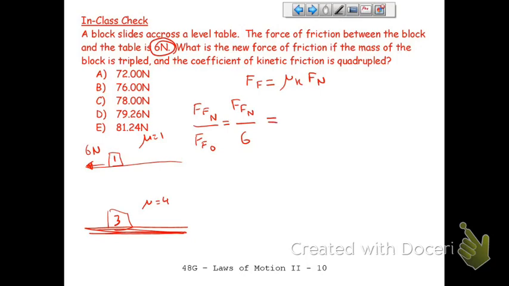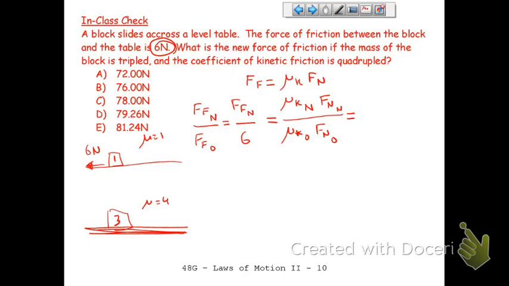And that equals mu k new times Fn new over mu k old times Fn old.